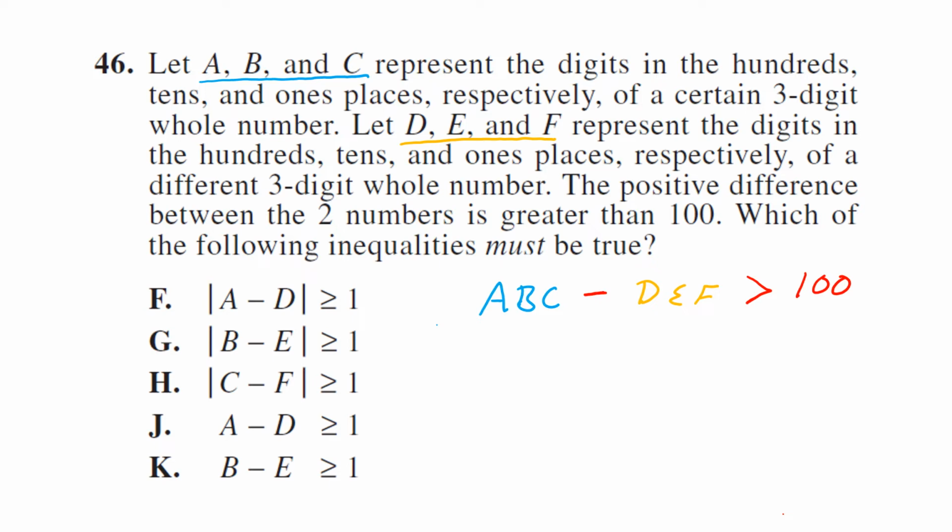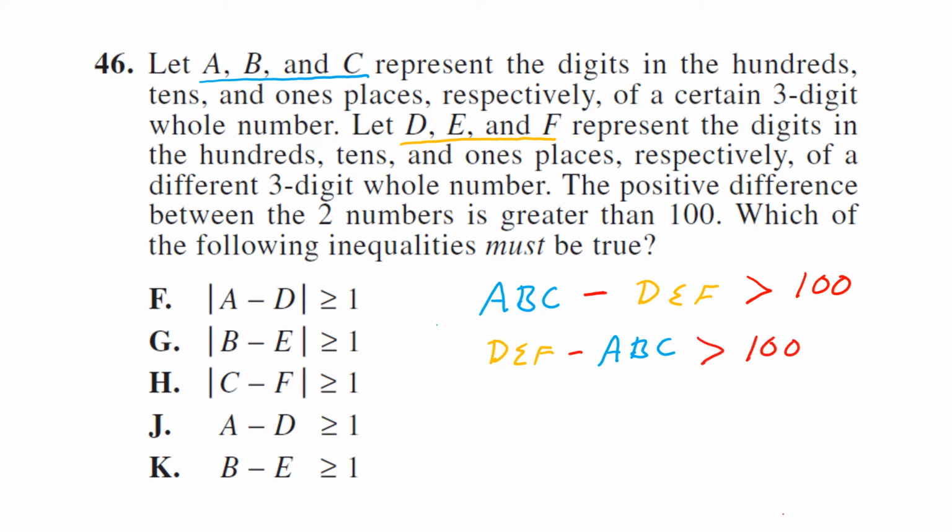I guess we do this the other way around too, actually. Whoops, let's change that color. I had the wrong color there. DEF minus ABC, because it doesn't tell us which one has to come first, is greater than 100. So which one has to be true?